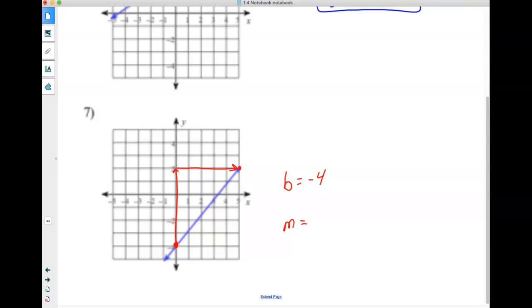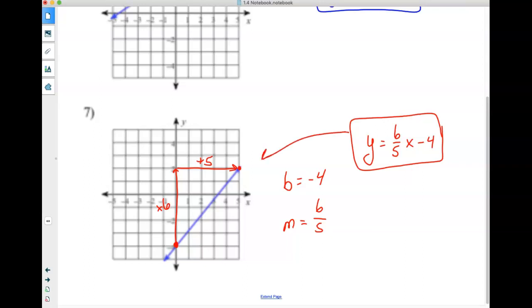Well, that's 2, 4, that's rise 6, run 5. And I went up and to the right. So those are both positive numbers. So I'm 6 over 5. So y equals 6 over 5 x minus 4 would be the equation of that line.